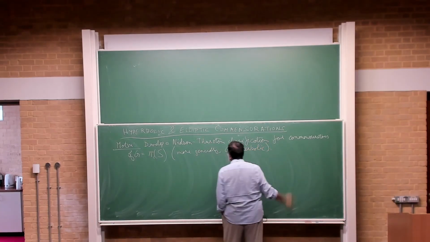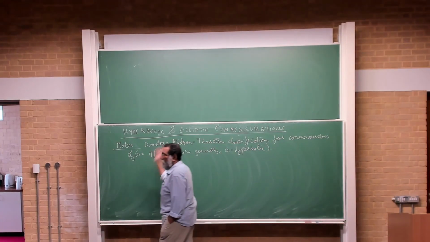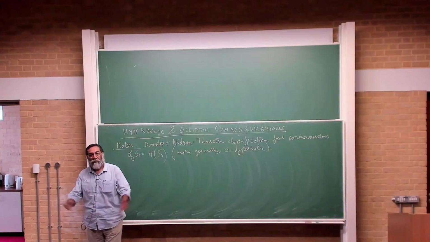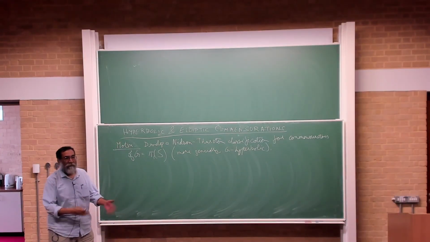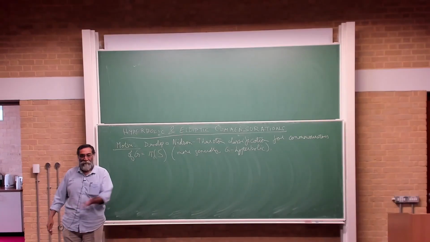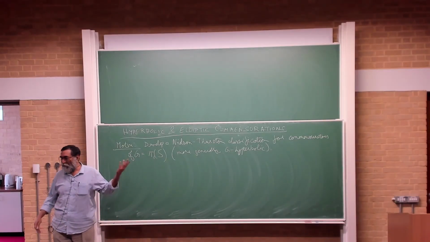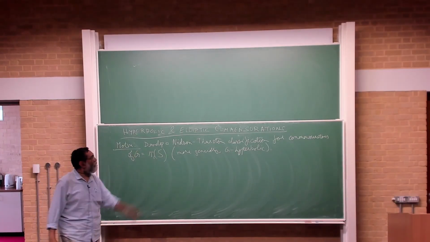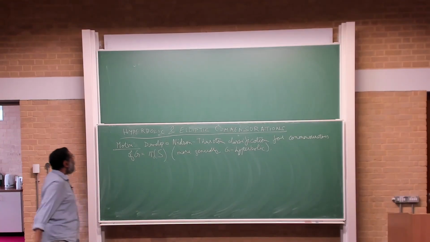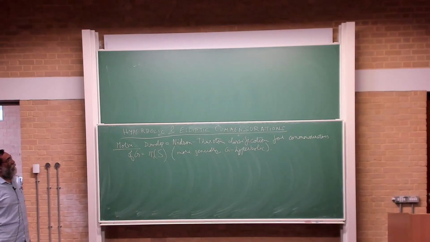And what do I mean by Nielsen-Thurston classification? I mean basically classification of commensurators into elliptic, parabolic, hyperbolic. What's the analog? So it's not clearly defined, but that's a kind of motivating question behind this talk.